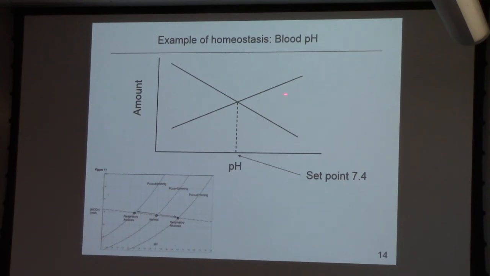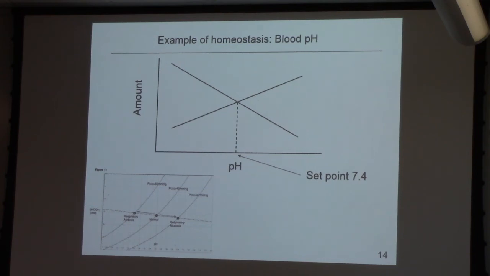So increased bicarbonate excretion, increased excretion of a base would tend to acidify the pH. So this would be increased bicarbonate excretion, and this would be decreased bicarbonate excretion.